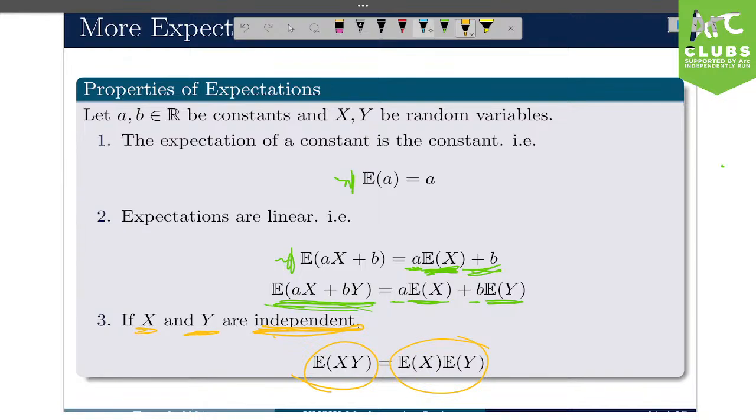So where do all these relationships come from? Well, we know one thing about the expectation value, which is its definition, so they all come from there.